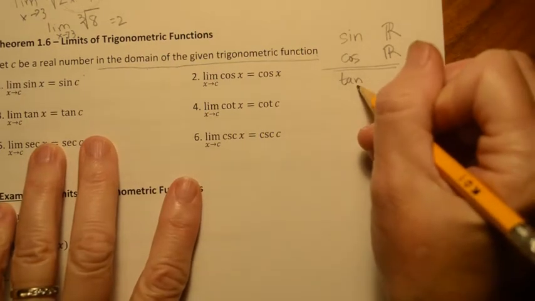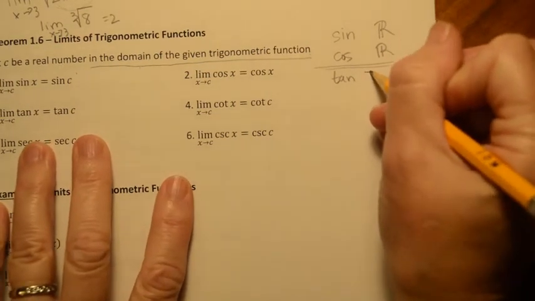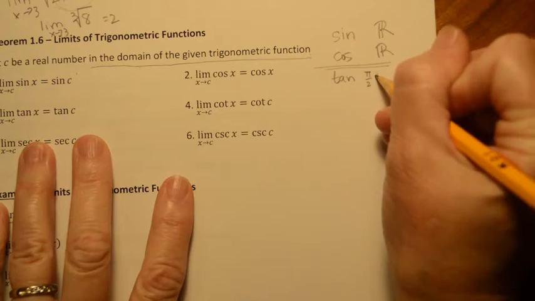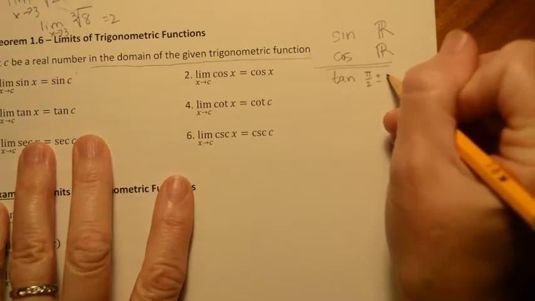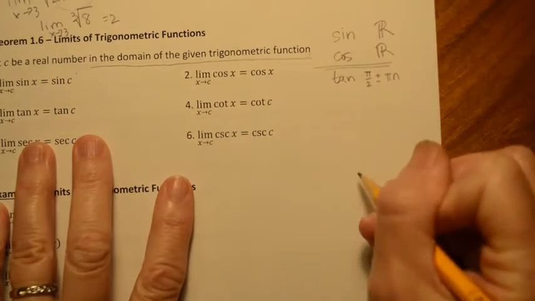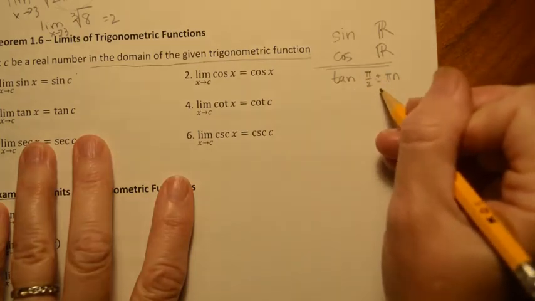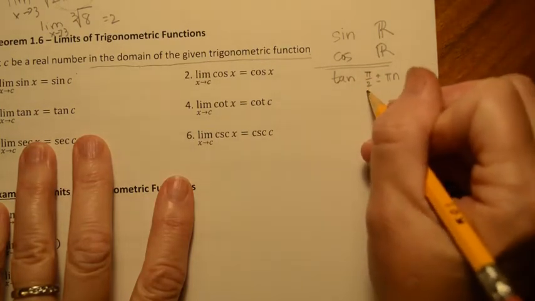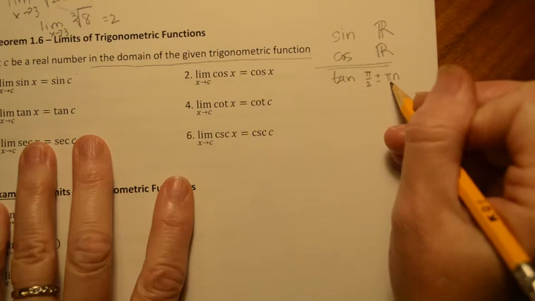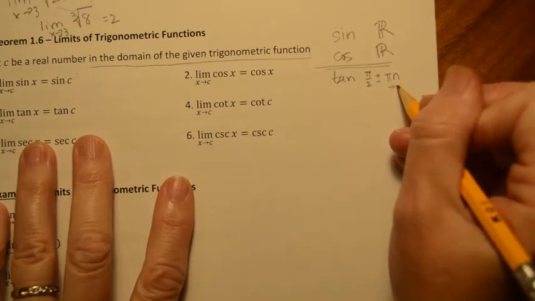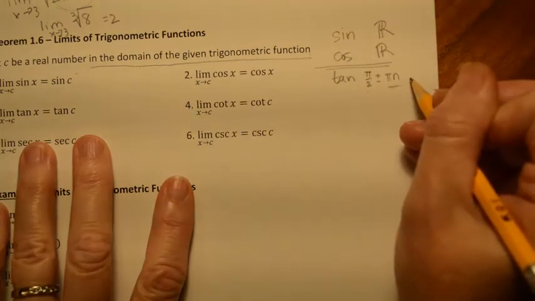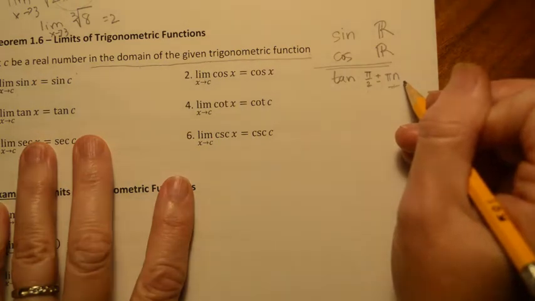For tangent, we cannot include anything of the form pi over 2 plus or minus pi n. We start at pi over 2, and then every pi after that that we add to it also gives us something that's not in its domain.